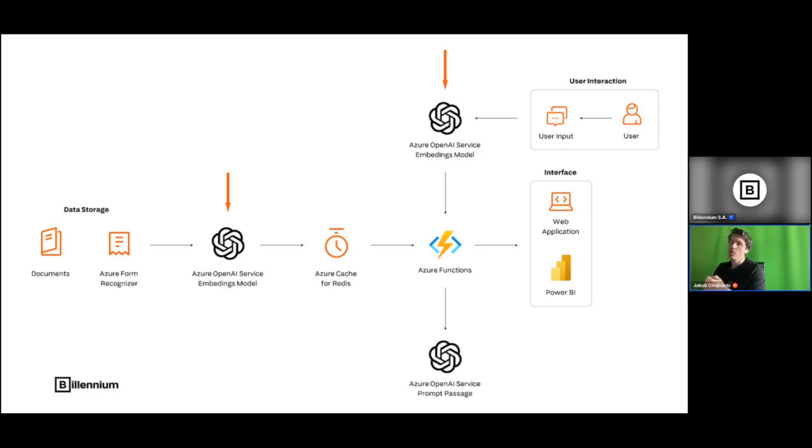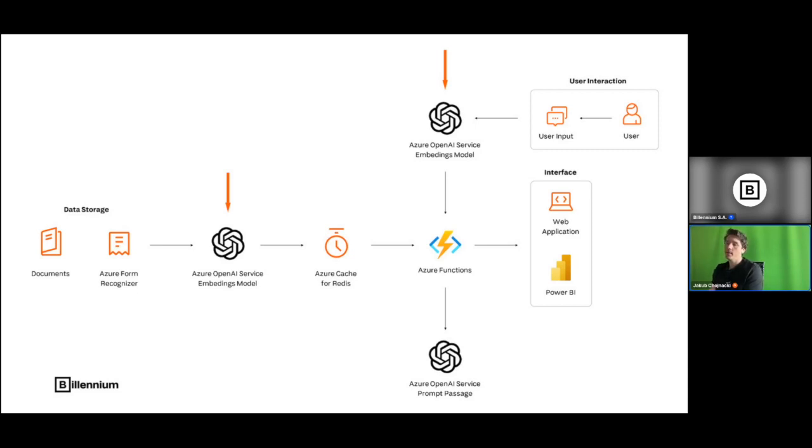If you were to go from the leftmost part, we've got a data storage. We've got all our documents, and we've got some Azure Form Recognizer, a system that can perform OCR or any other instruction to make your documents searchable and in a digital format. Then we've got the first generative AI component, which is the embeddings model.